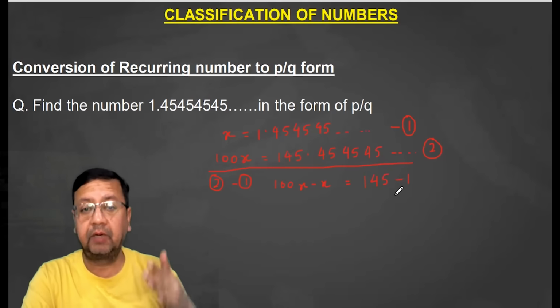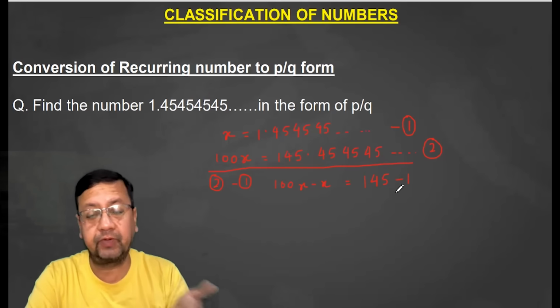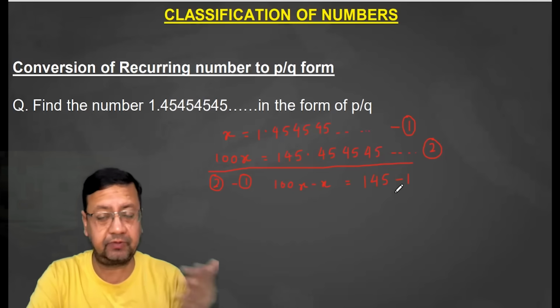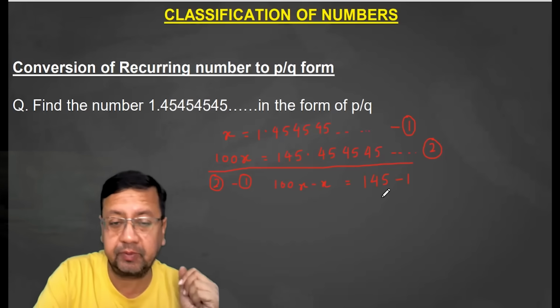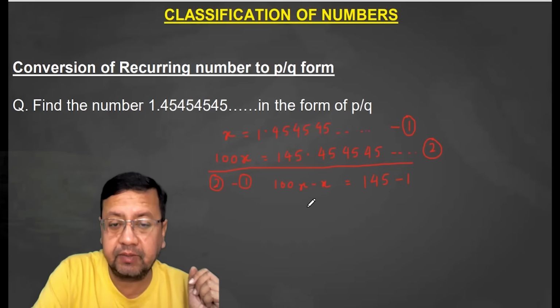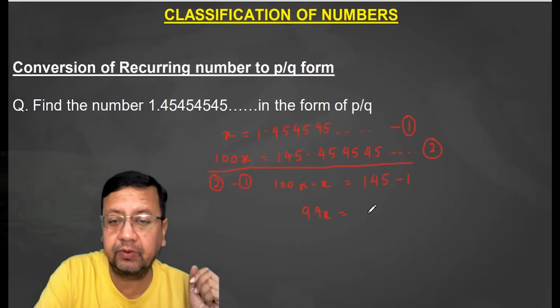Right? Because 0.45, this will cancel out each other from equation 1 and 2. This is the leftover part. So if I simplify, 99x is equal to what? 144. Right? And here I can say x is equal to what? 144 divided by 99.